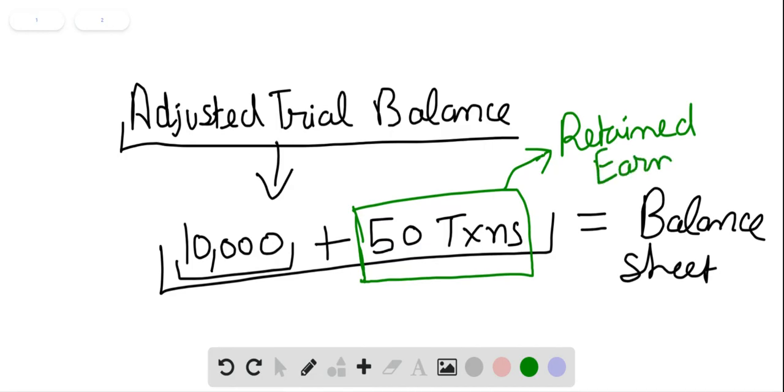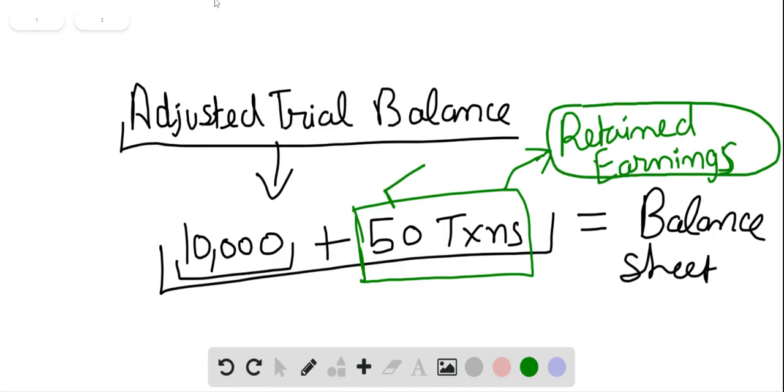In retained earnings we have our profit or loss generated during the current financial year, the retained earnings balance at the beginning of the financial year, and any dividend paid to the shareholders. So these 50 transactions, or any number of transactions, will have a direct effect on this account.